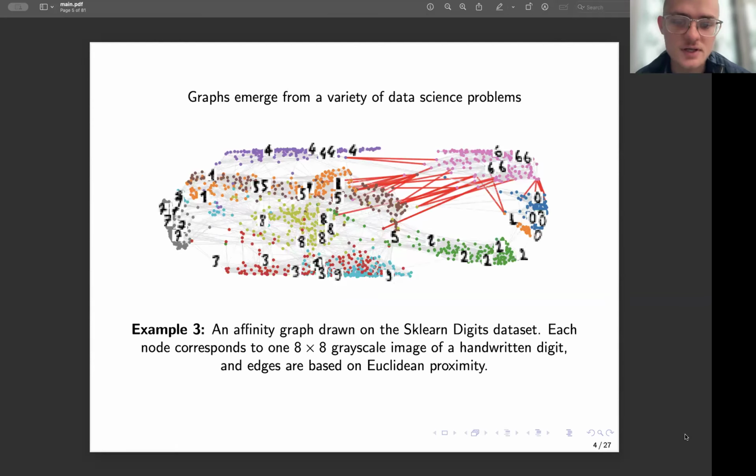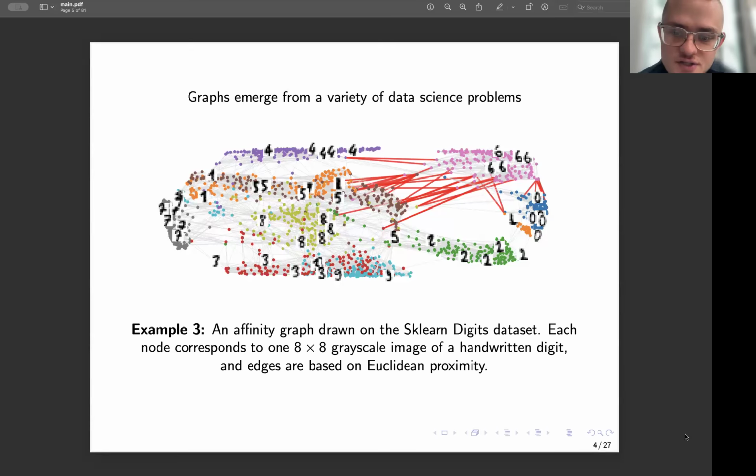Another example here is a graph that was built from a digits data set. The data set underlying this image is the sklearn digits data set. If you're familiar with MNIST, it's a slightly smaller scale version of MNIST. It consists of approximately 2,000 grayscale images of handwritten digits in the resolution 8 by 8, so pretty small.